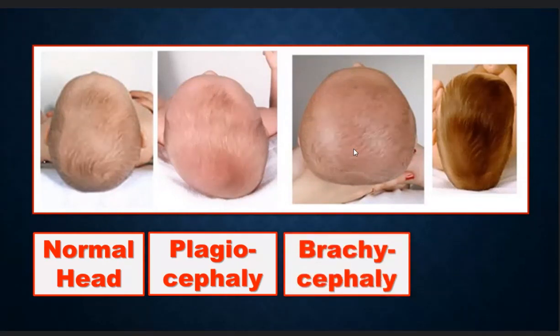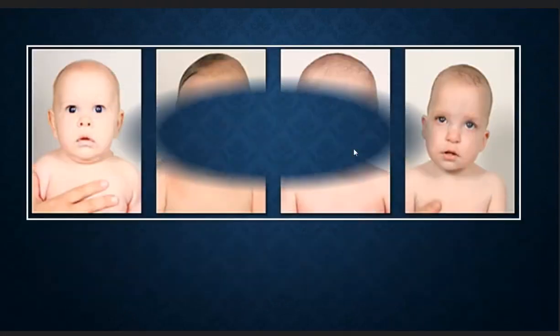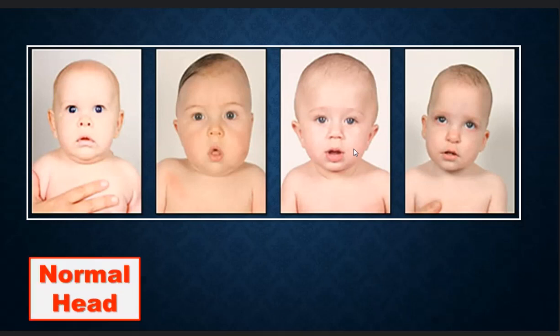And this is the narrow with increased anterior posterior diameter. هذا أكيد هو السكافوسيفالي. احنا قلنا هاي ممكن تكون normal variations وممكن نشوفها in normal persons. اي هذا normal head.